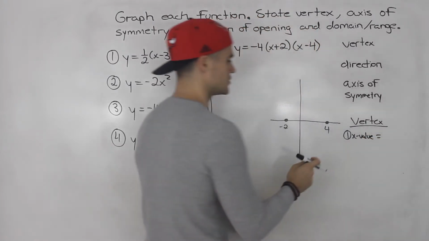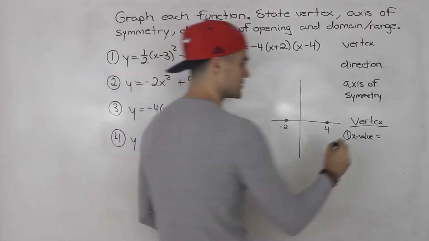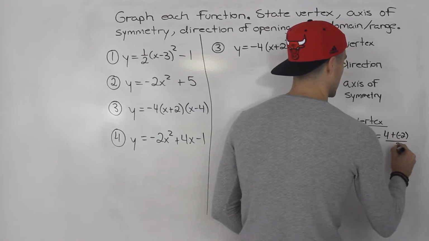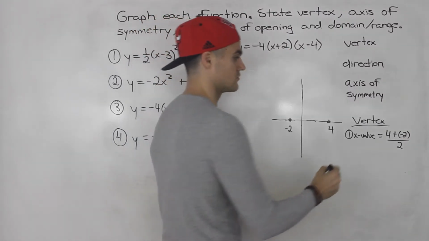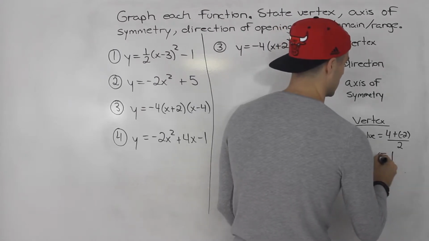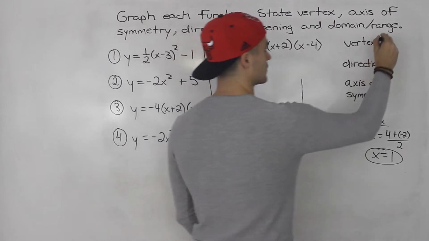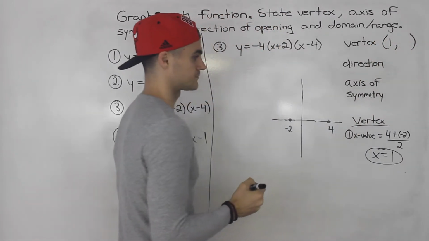And the way you do that is you take the two x-intercepts, add them up, and divide it by 2. So 4 plus negative 2 divided by 2. Then 4 plus negative 2 gives us 2, divided by 2 gives us 1. X value 1. So the x value of the vertex is 1.